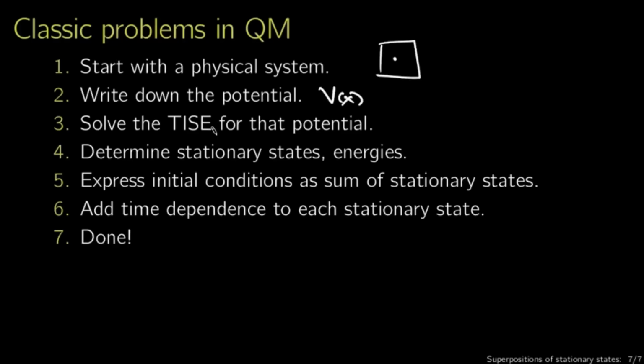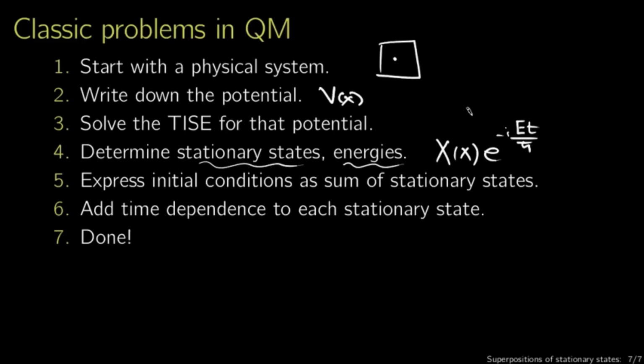Solving the time-independent Schrödinger equation gives you the stationary states, and it also gives you the energies of those stationary states. That's telling you not psi of x and t, it's telling you psi of x and e to the minus i E t over h bar.